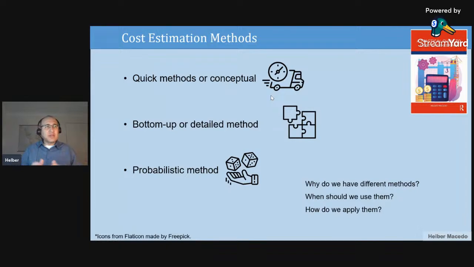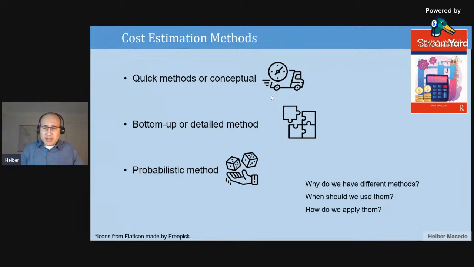The second technique that we will discuss today is the bottom-up or detailed methodology. For this technique you will need more time, because you need to define the cost for each piece, like a puzzle, and to cover all your scope you need to define the cost to calculate your total cost for your project.